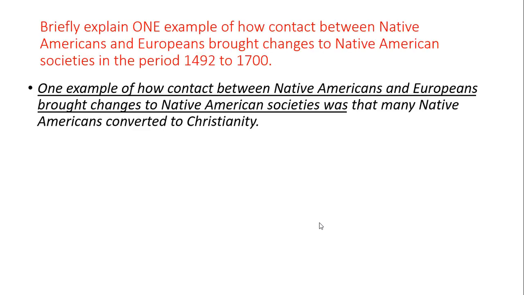Okay, so I wanted to show you an example of a response and what I meant by the wind up. So this is like part A, right? A lot of times students will respond to something like part A and say, one example of how contact between Native Americans and Europeans brought changes to Native American societies was, and that's what I mean by the wind up.